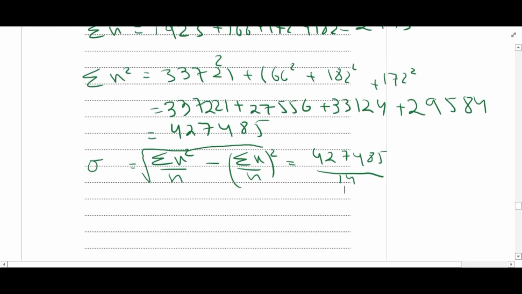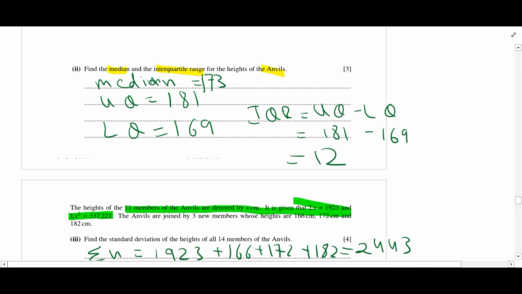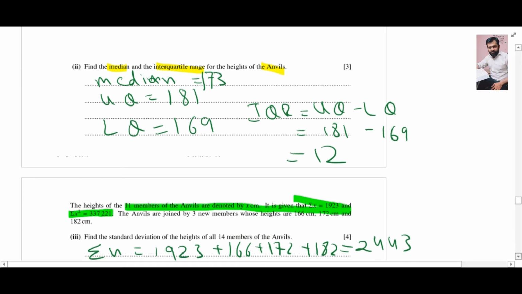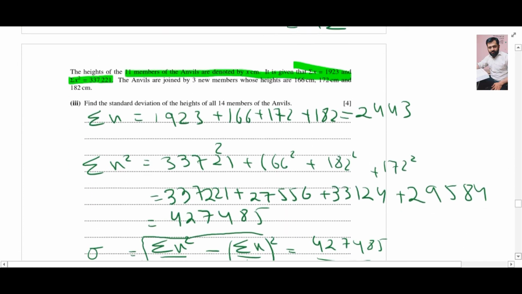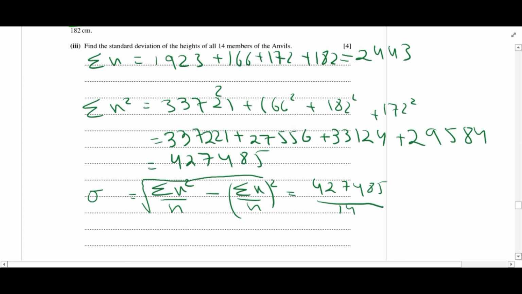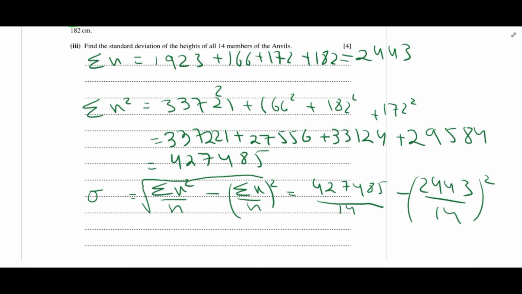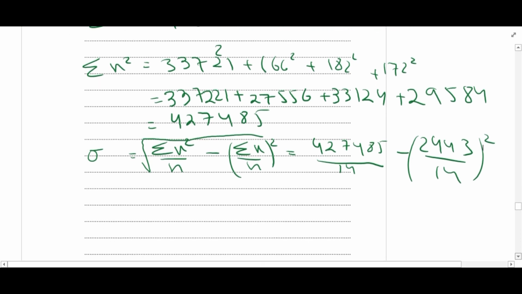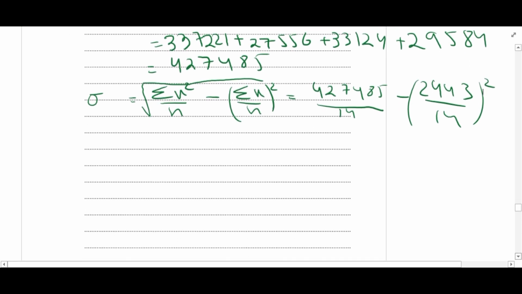So that would become 427,485 upon 14 minus summation x, which was 2443, upon 14 whole square.